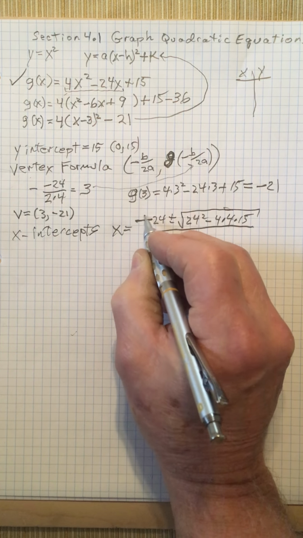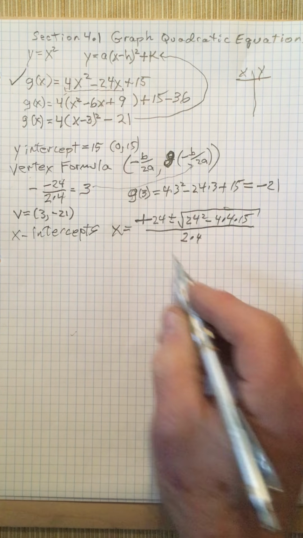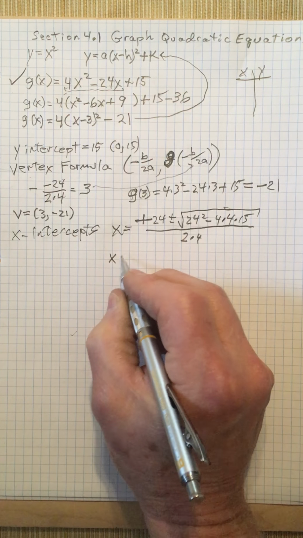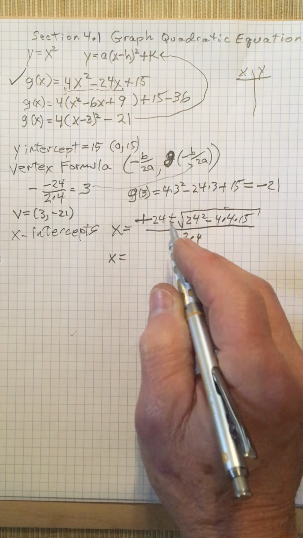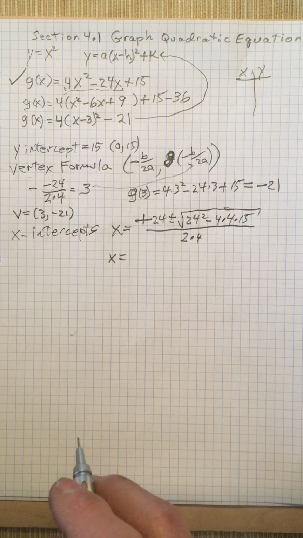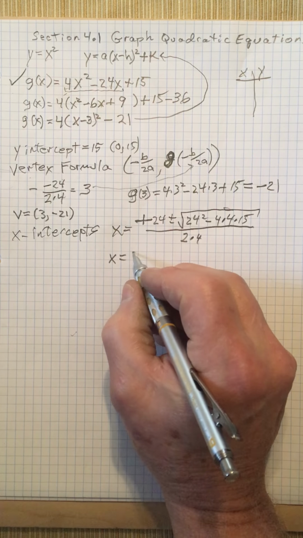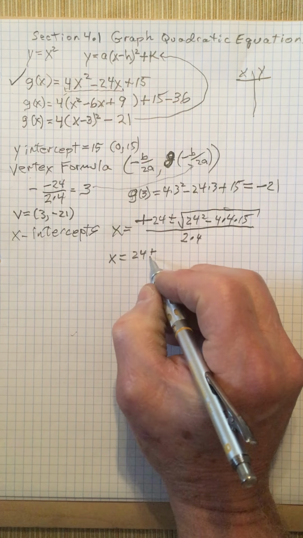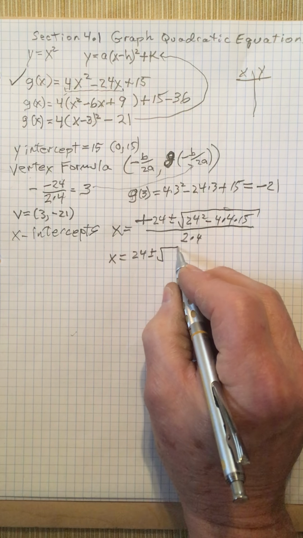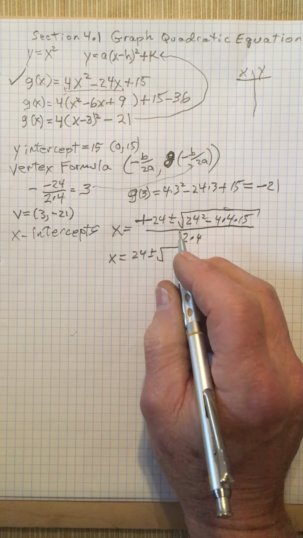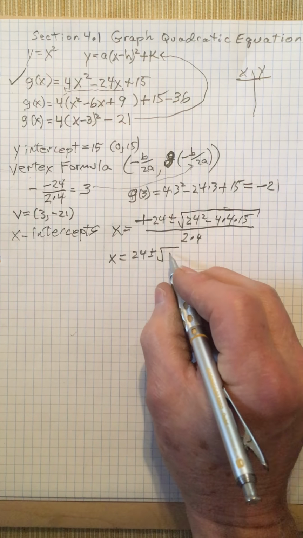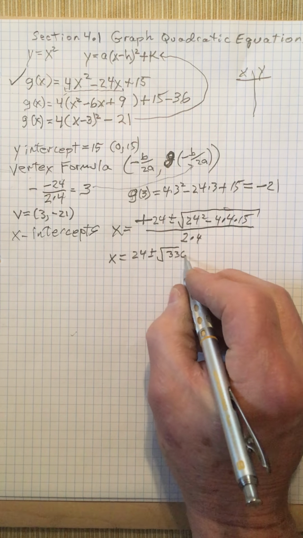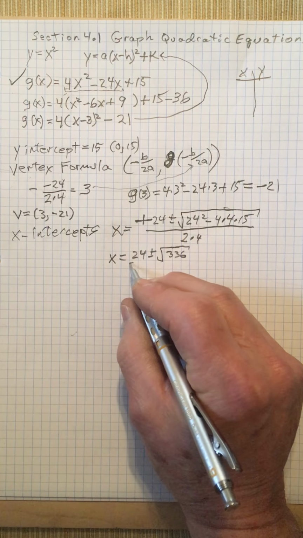These two become a plus, and there's a lot of work here again. I already did it, so let me just write down what we got here. Okay, I have 24 plus or minus the square root of 336 over 8.